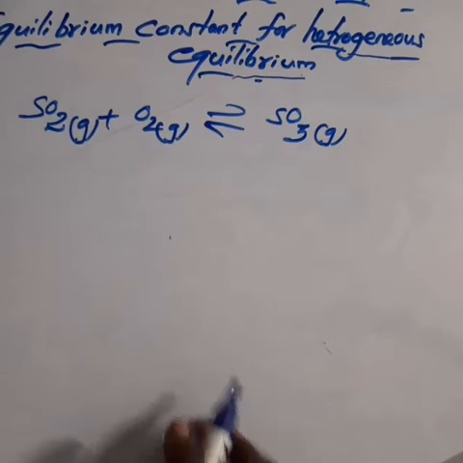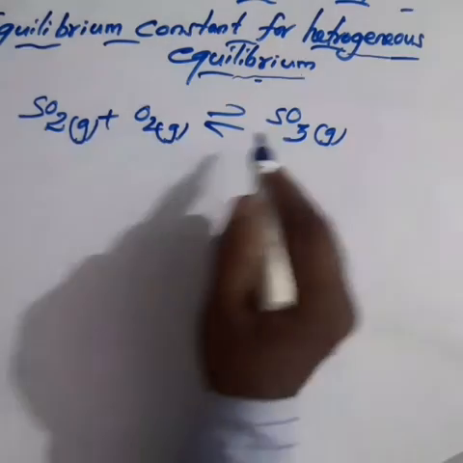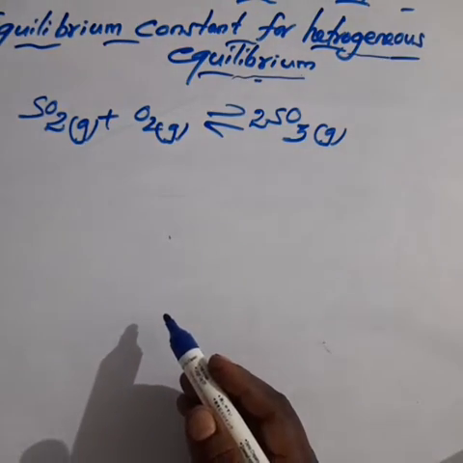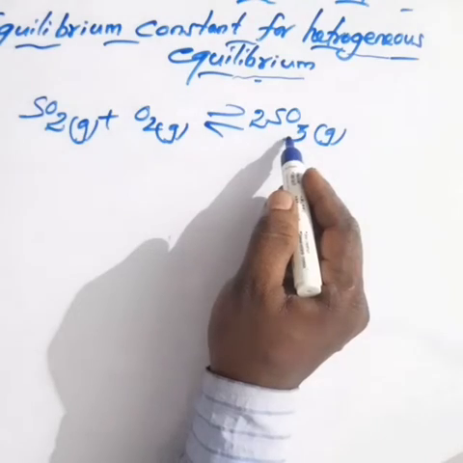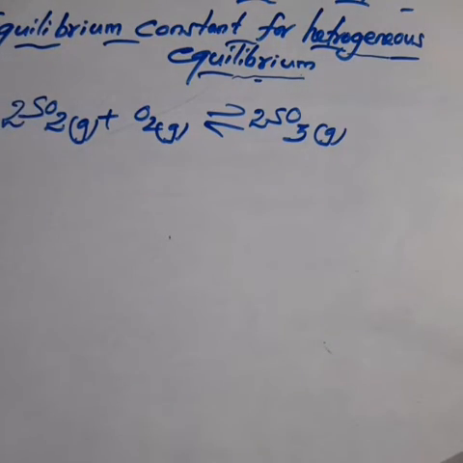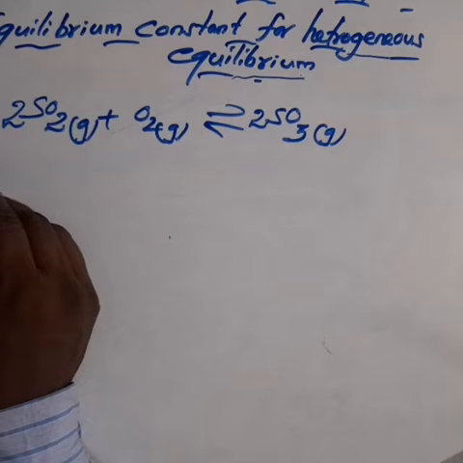So how to balance the equation? Product side 3 oxygen, reactant side 4 oxygen. So we have to multiply by 2 on the product side: 2 SO3 gas. Then on the reactant side we change it to 2 SO2. Now the equation is balanced.